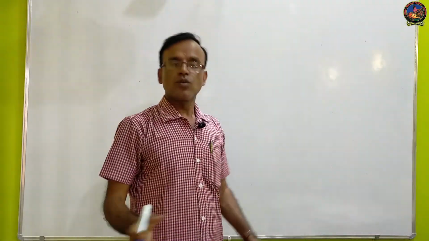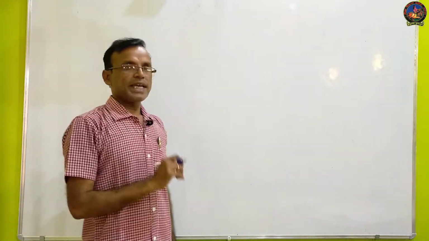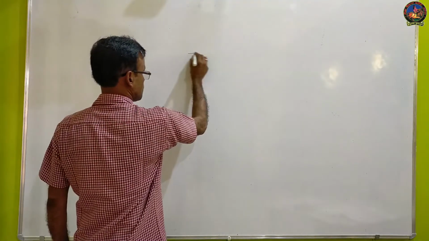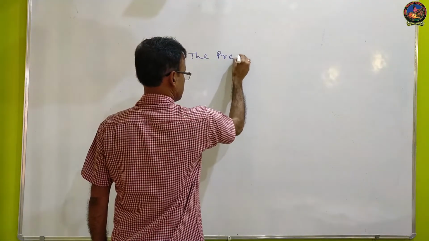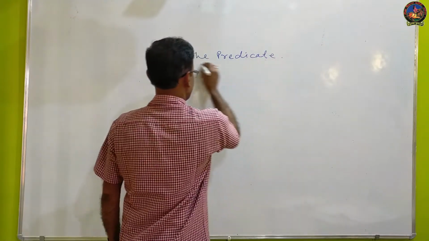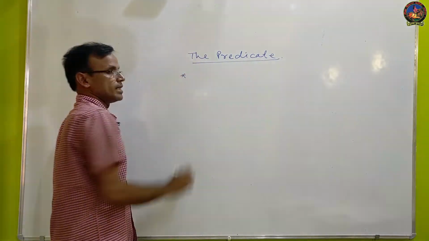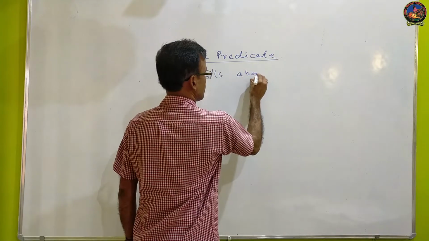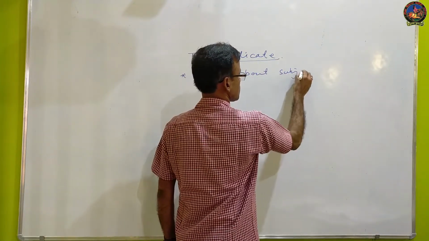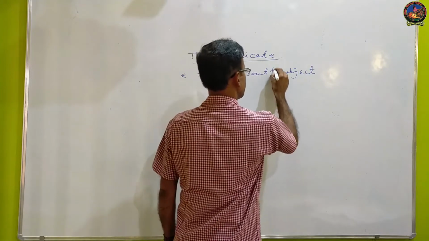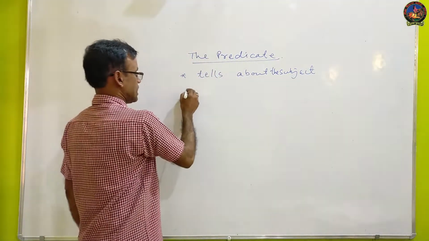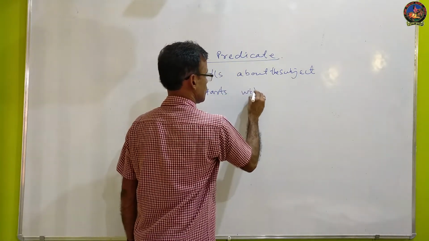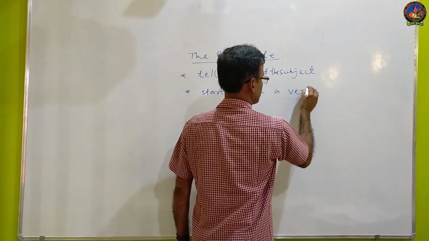As we have already known, the predicate tells about the subject. First, it tells about the subject. Next, it starts with a verb.